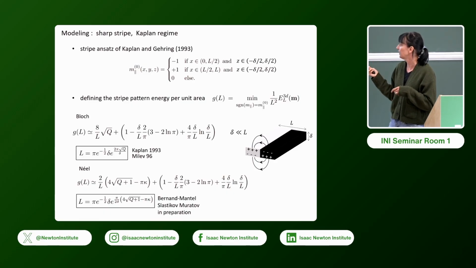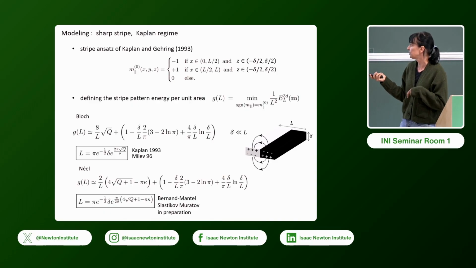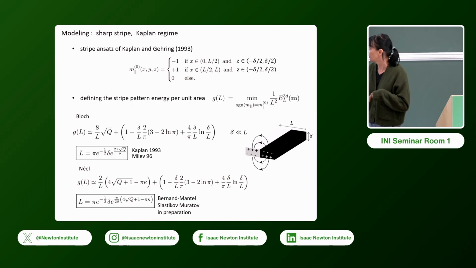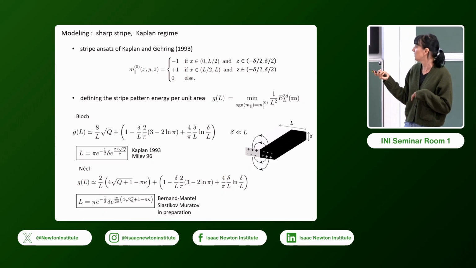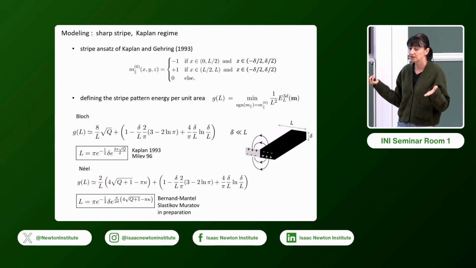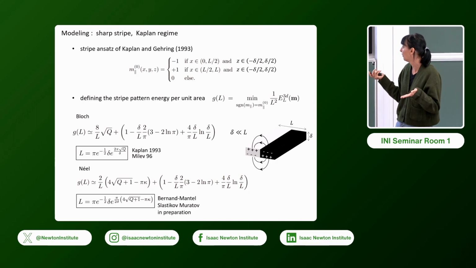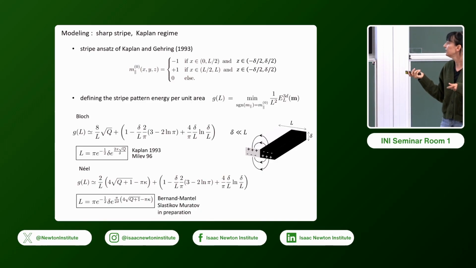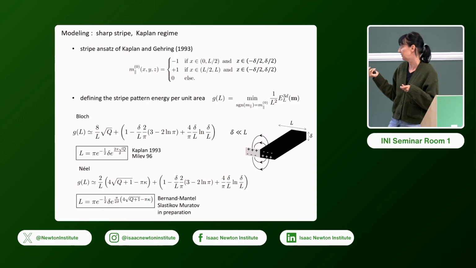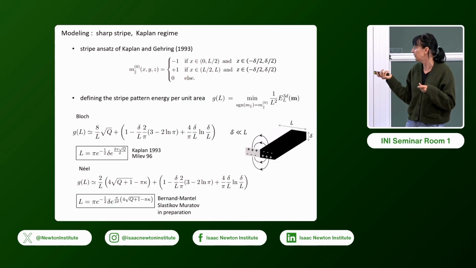And in this case, we obtain two formulas for Bloch and Néel rotation, and this expression of the energy density enables us to obtain an analytical, explicit prediction of the stripe width, which was obtained by Kaplan, and Milev did an explicit prefactor, which was only calculated numerically by Kaplan. And in our case, we came up with the same thing, but for the Néel case.